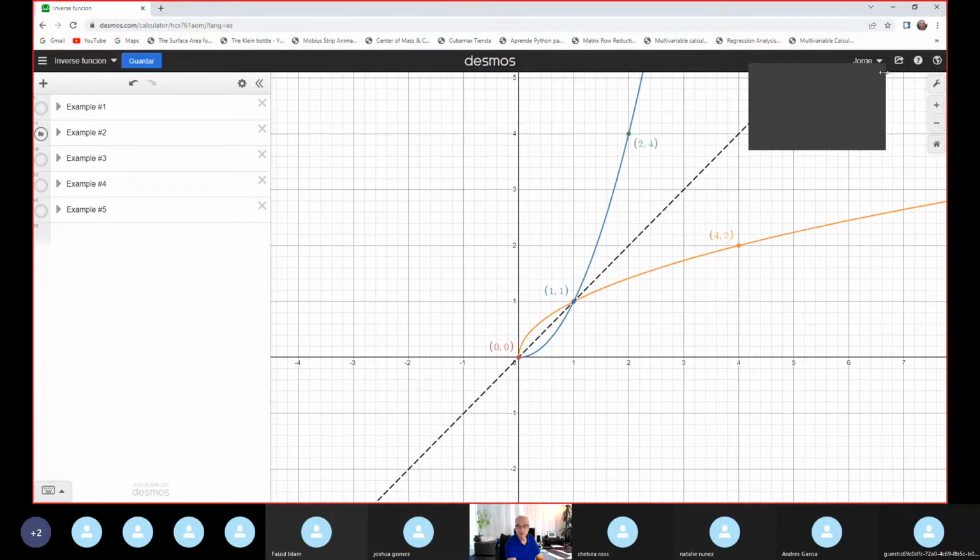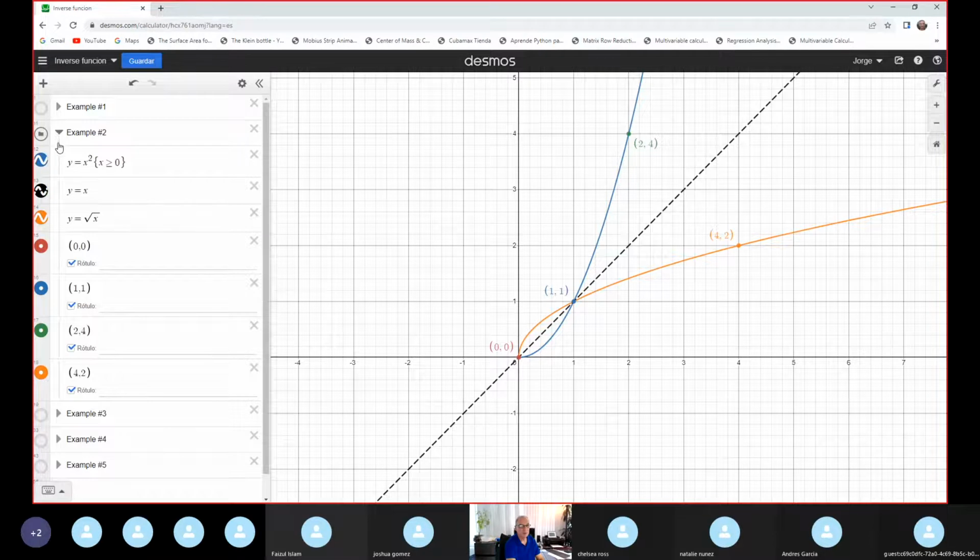Do you see Desmos, guys? Yes. Look, I did that. I put a function. That function is the blue. I put the orange color on the right, the square root function, the inverse. And this is the famous dotted line, the identity function. And you see the symmetry between the graphs.